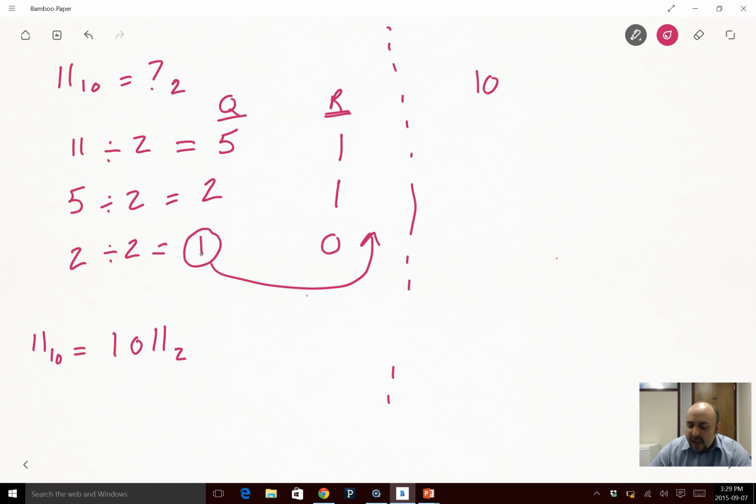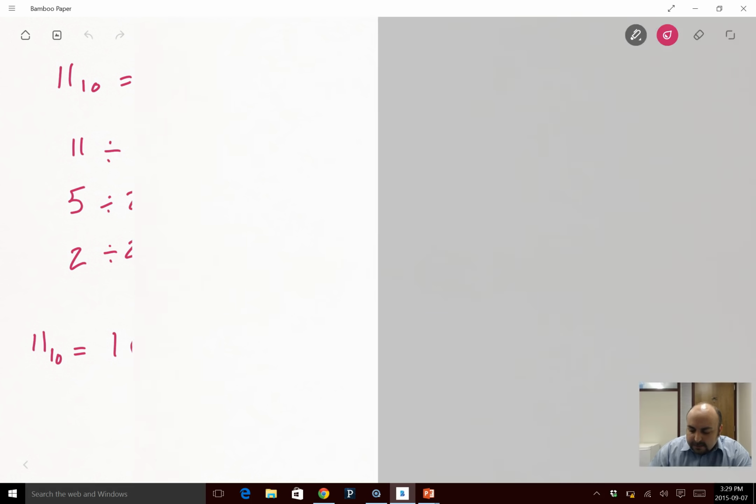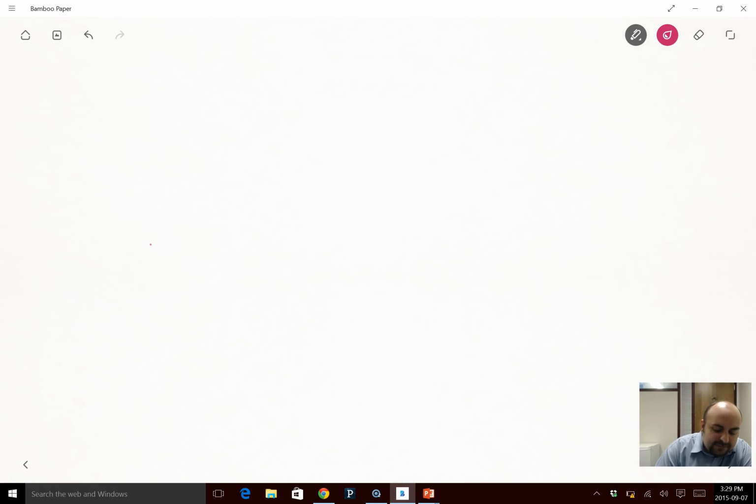One more thing I would like to talk about in this lecture, and that is what is the largest number. If you have 4 bits, what is the largest number you can fit in 4 bits? Obviously, in order for it to be the largest number, you need to fill everything with 1s. So if you have 4 1s, that's the largest number, and what is that to base 10?